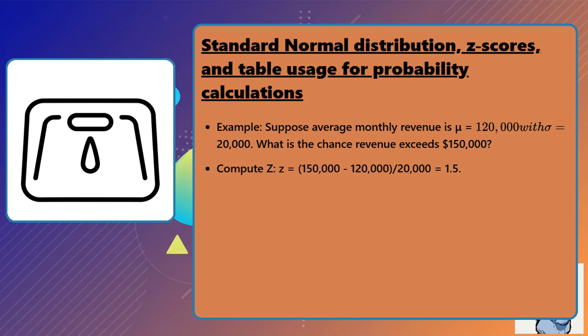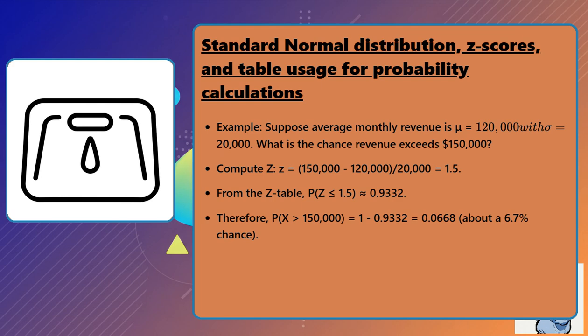Compute z equals (150,000 minus 120,000) divided by 20,000 equals 1.5. From the z-table, P(Z ≤ 1.5) is approximately 0.9332. Therefore, P(X > 150,000) equals 1 minus 0.9332 equals 0.0668, about a 6.7% chance.